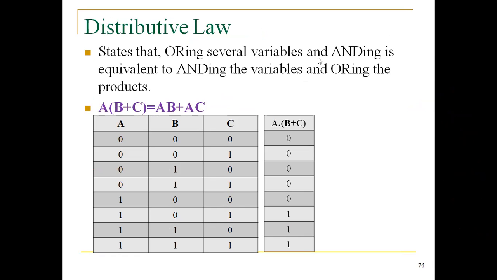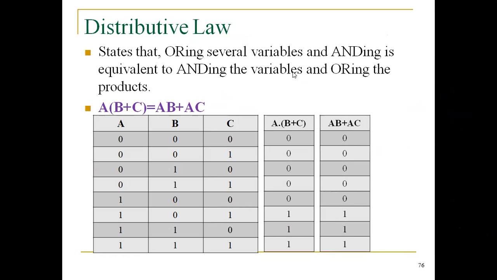That is the distributive law by using the OR operator first, and then similarly by using the dot operator. So the distributive law, it says that what? ORing of several variables, please listen, ORing of several variables and ANDing, the result of this ORing is ANDed here.